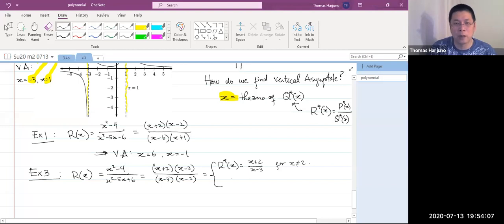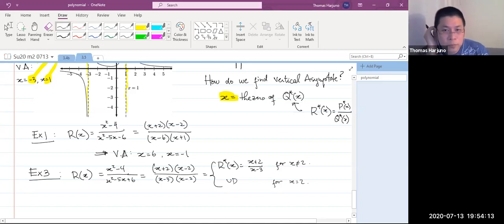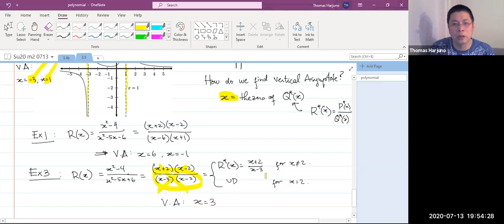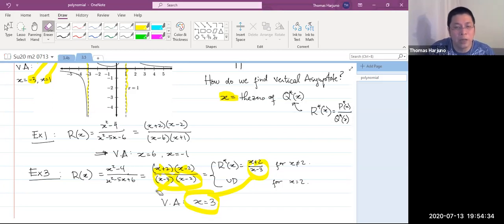It's undefined for x equals 2. Then what is the vertical asymptote? The vertical asymptote is x equals 3 only, because we don't look at the zeros of the denominator of the original function.